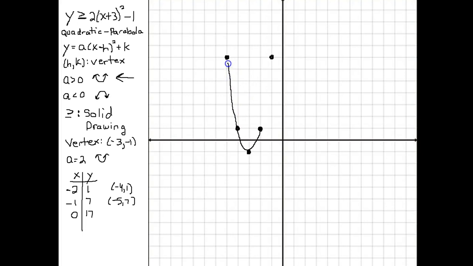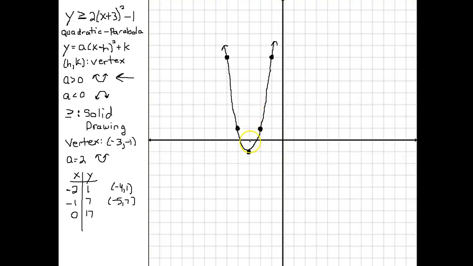You can also use your rules of shifting and reflecting if you wanted. You don't have to do it the way I just did it. If you want to use your rules of shifting and reflecting, you can start with y equals x squared. The x plus 3 tells you you're shifting 3 to the left: 1, 2, 3. The times 2 tells you you're stretching it vertically by a factor of 2.